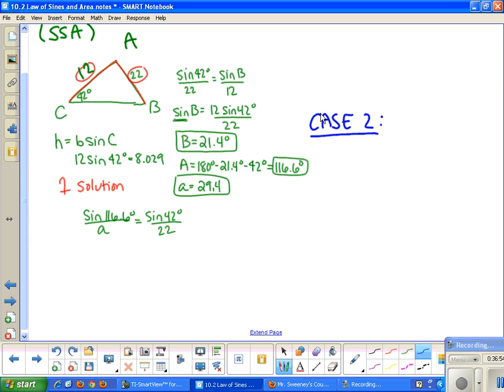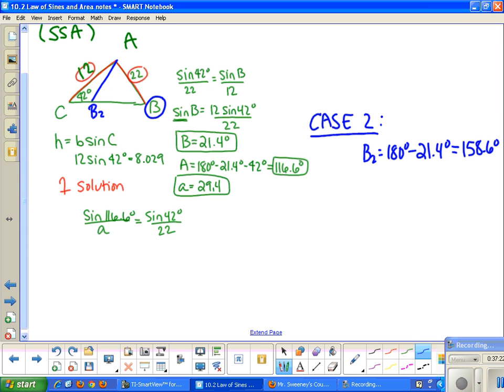So case 2 would be, I would be moving this over here, and so if this is my angle b, then this would be b2. So b2 would then be equal to 180 degrees minus b1, which was 21.4. So in that case, we would end up with 158.6 degrees.